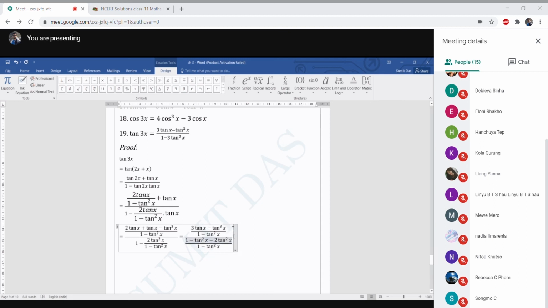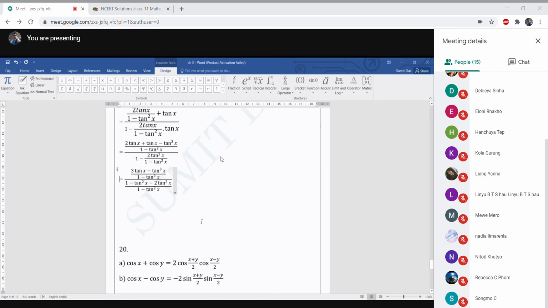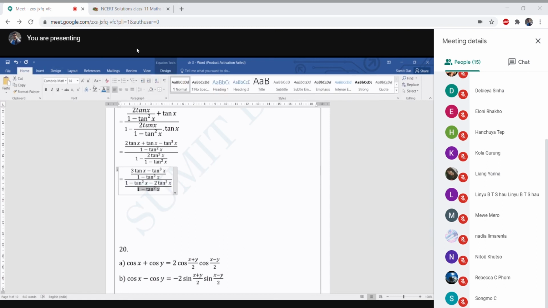So again if you simplify, we can see that the denominators will cancel, right? Both the denominators are the same. What will remain?